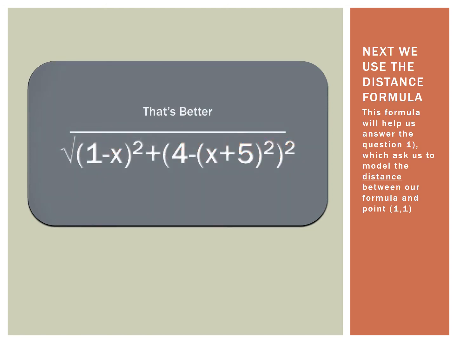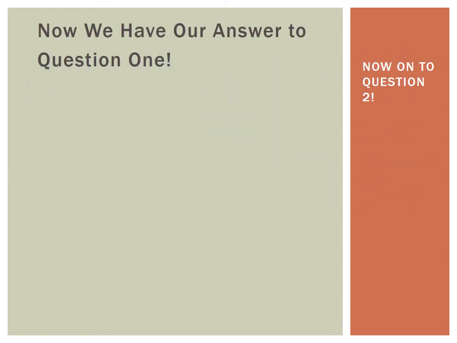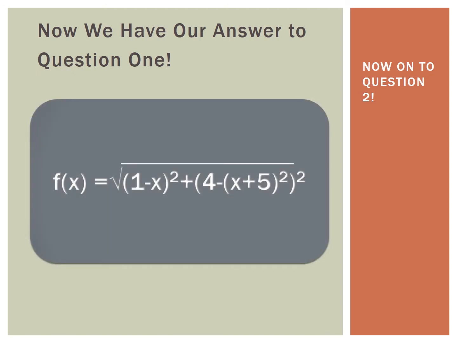So our function is (1 minus x) squared plus (4 minus (x plus 5) squared) squared, and that's good. We're going to take the square root of that function. So now we have our answer to question 1, which is this distance formula: square root of (1 minus x) squared plus (4 minus (x plus 5) squared) squared.